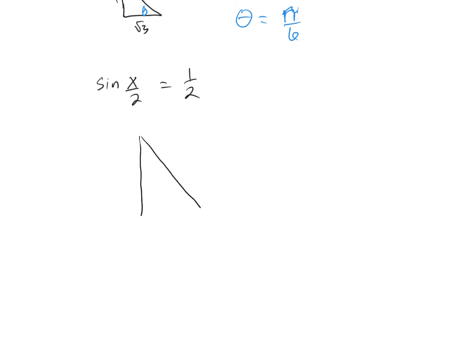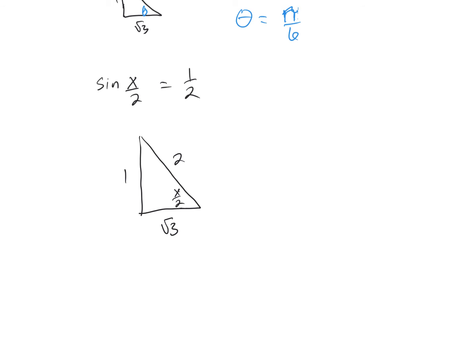So here, same steps, right? The opposite, adjacent, √3. So my theta here, but instead of theta, we get x divided by 2.